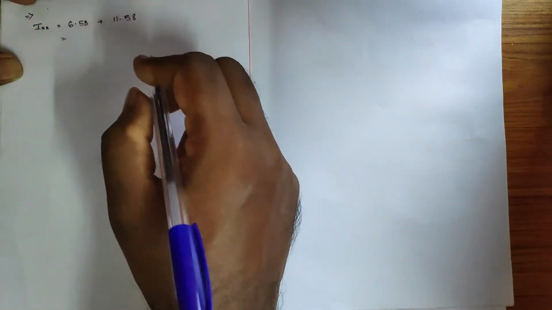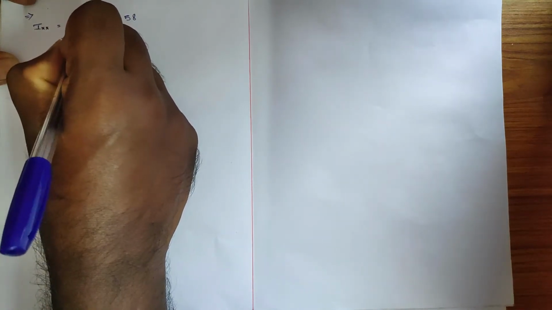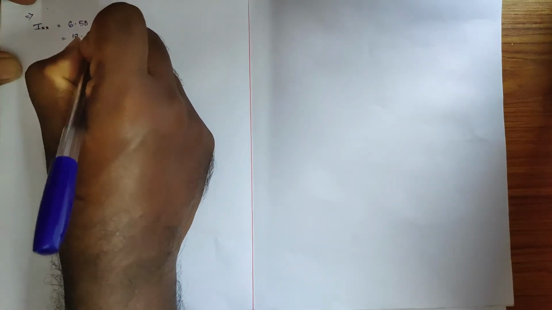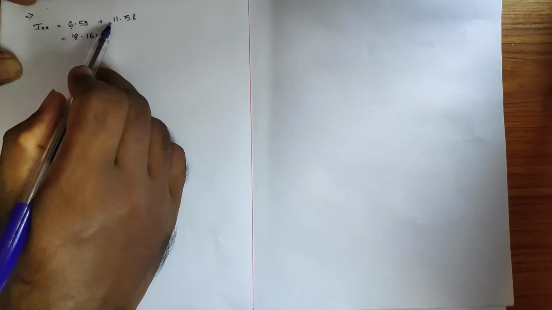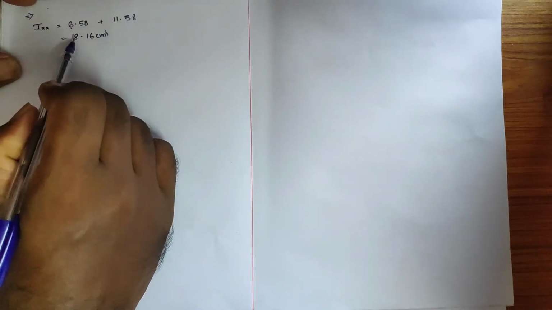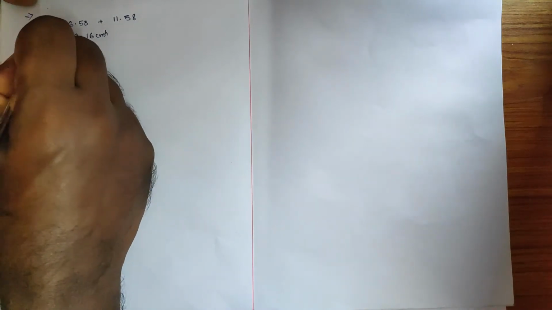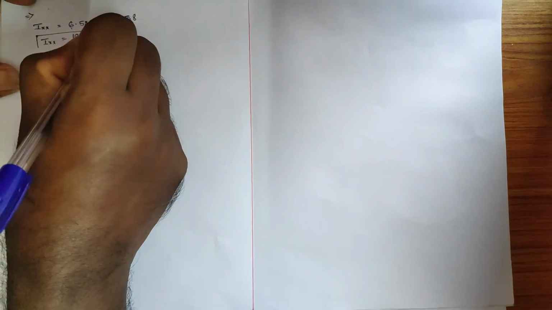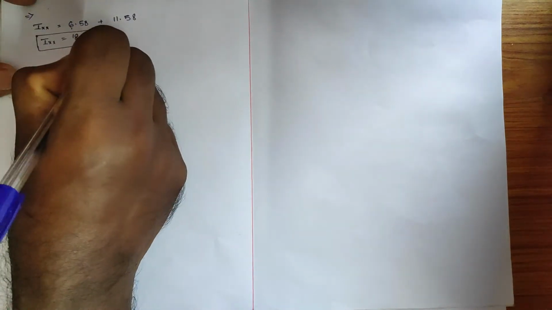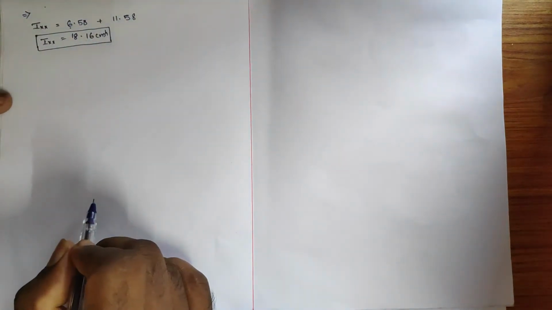So here we get the value as 18.16 centimeter to the power 4. Just add it down: 6.58 plus 11.58, you will get 18.16 in terms of centimeter power 4. This is the moment of inertia about the IXX axis.